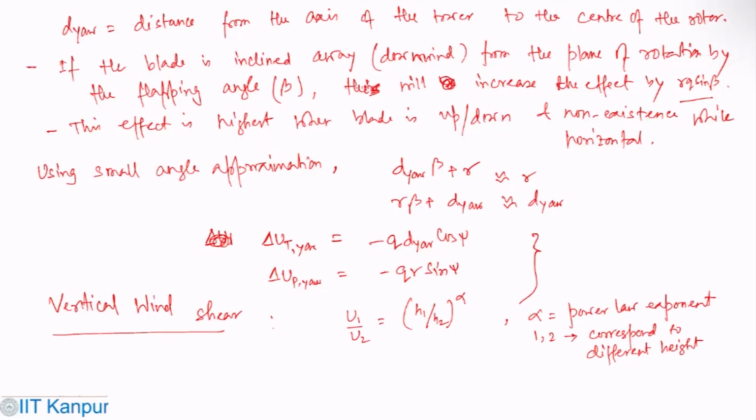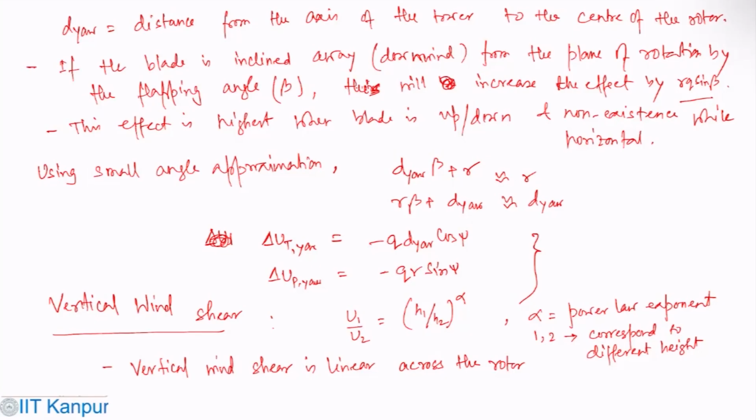Also, in the simplified aerodynamic model, it's assumed that the vertical wind shear is linear across the rotor. This is what we consider in the simplified model.